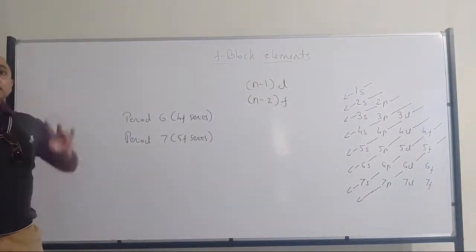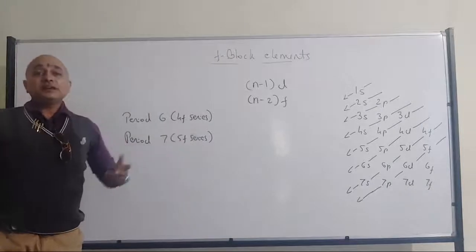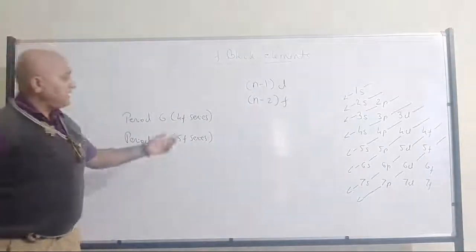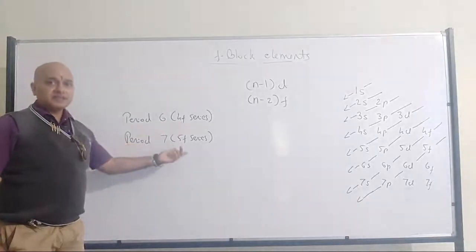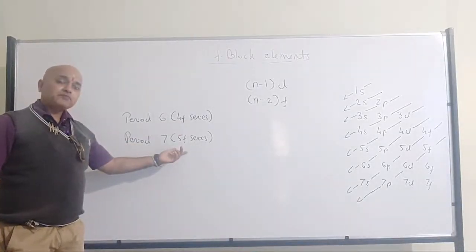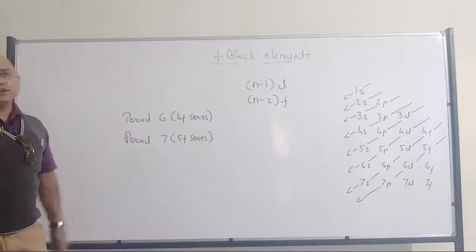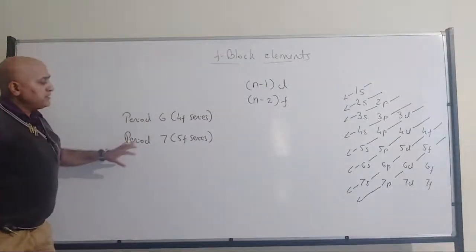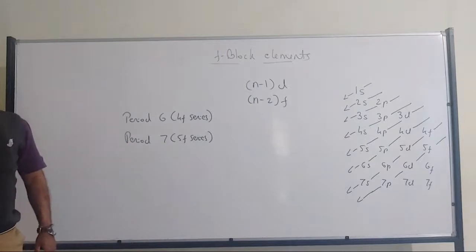Please remember, among the 32 elements in period number 6, there will be these elements present. 32 plus 14, this is 14 elements. So that's where we have period 6 and period 7. Any doubt in this?